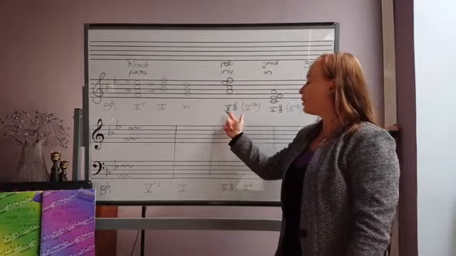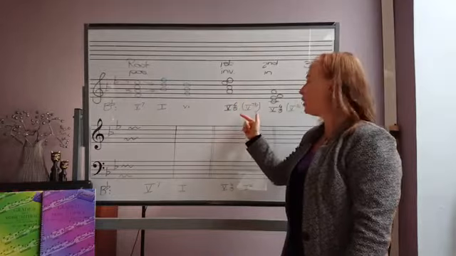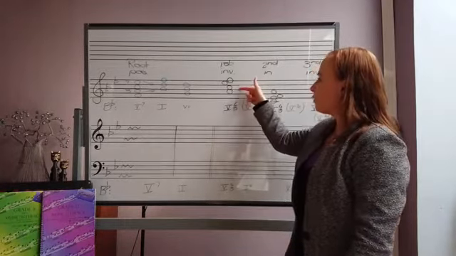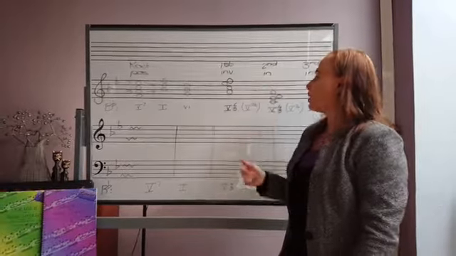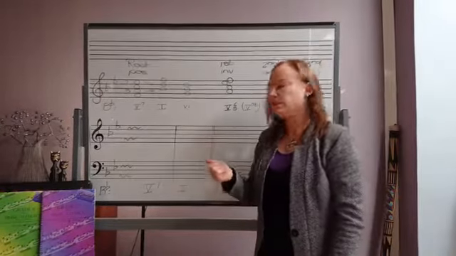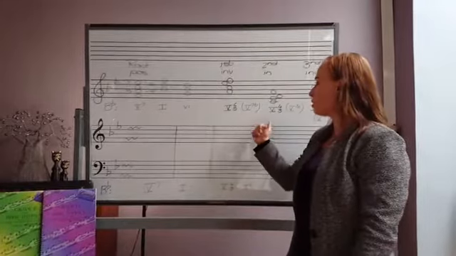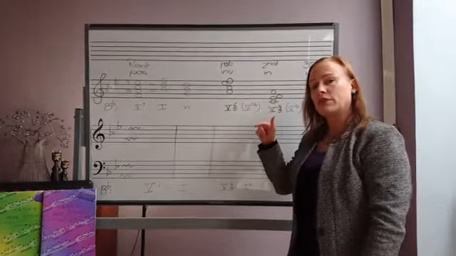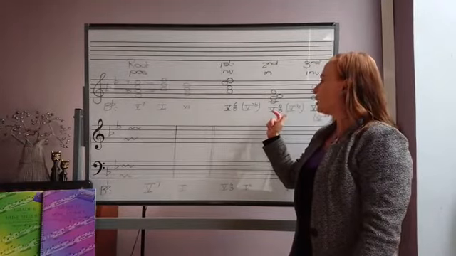We figure it 6, 5, and of course this refers to the interval of a 5th and a 6th above the bass note. Another way that you can also figure it is 5, 7, B to indicate first inversion.